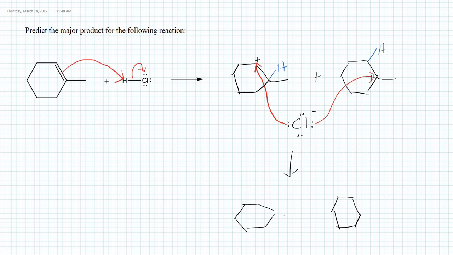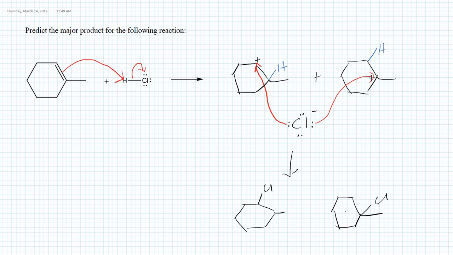Here we will have methyl and methyl. In this case chlorine will be here, and in this case chlorine will be here. So we have methyl and chlorine on different carbons, and in the second possible product chlorine and methyl are on the same carbon.